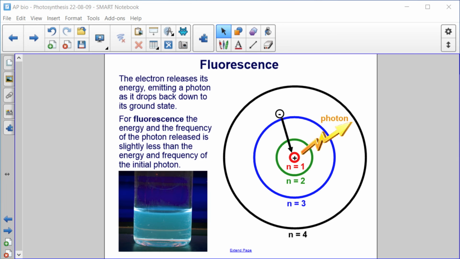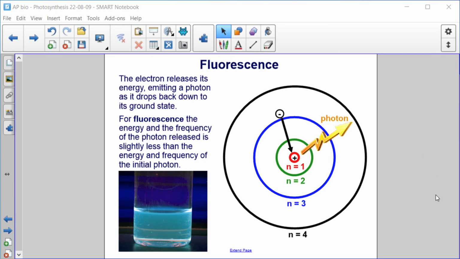Fluorescence. In fluorescence, the electron releases its energy, emitting a photon as it drops back down to its ground state. Remember, in a previous slide a photon was absorbed to move this electron to n equals 3. When the electron falls back down to its ground state, n equals 1, a photon is emitted.